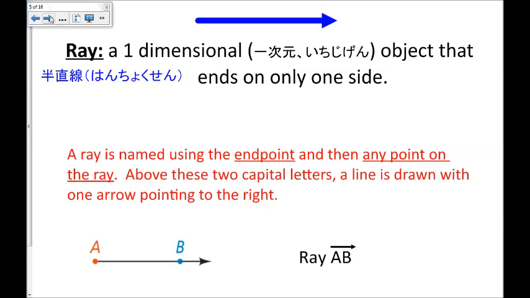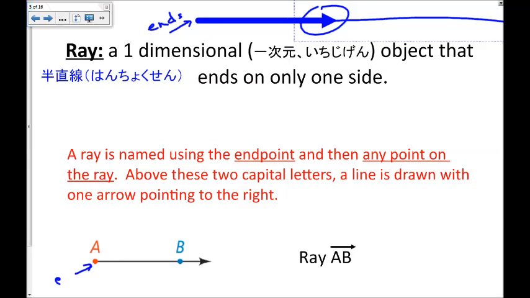A ray is a one-dimensional object that ends on only one side. So this side ends. This has an arrow, and so it goes on forever. A ray is named using the end point. This point is the end point. And then any point on the ray.